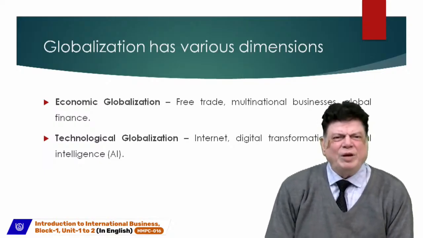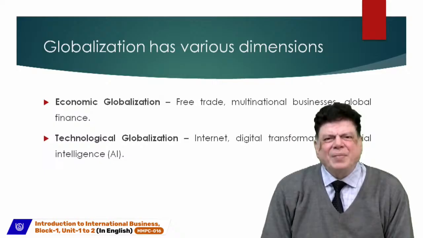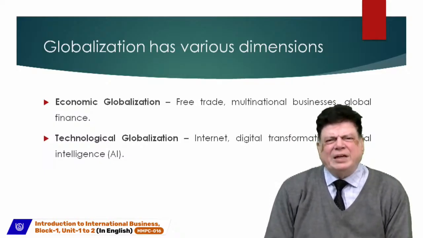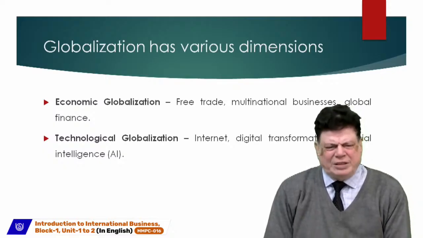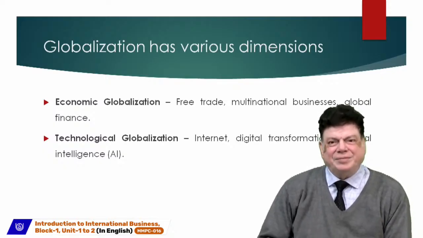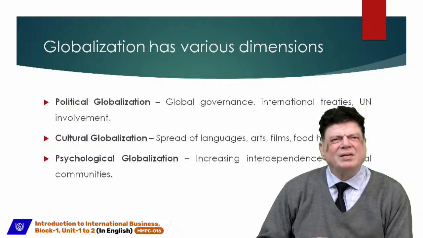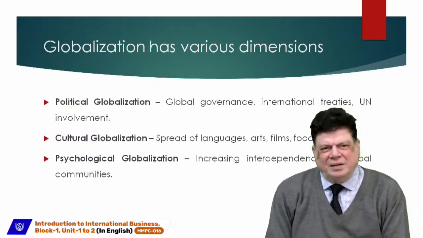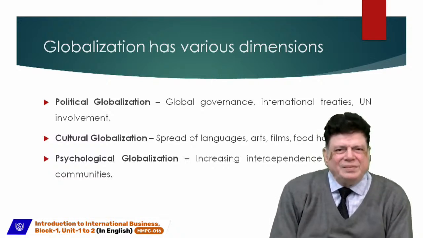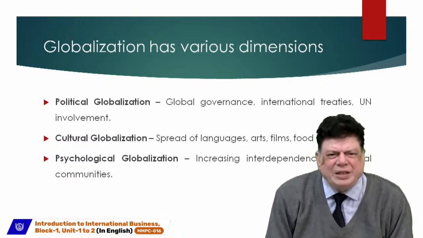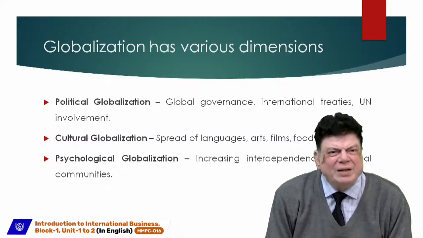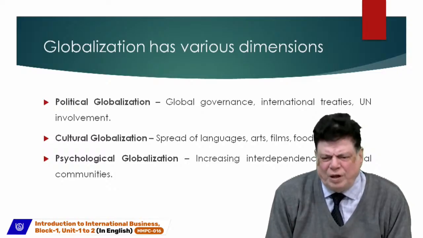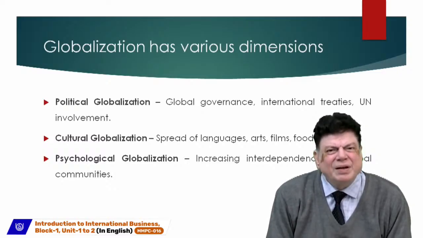First one is economic globalization: free trade, multinational businesses, global finance; technological globalization: internet, digital transformation, artificial intelligence. Next dimension is political globalization: governance, international trade, UN involvement. Then cultural globalization: spread of languages, arts, forms, food, habits.